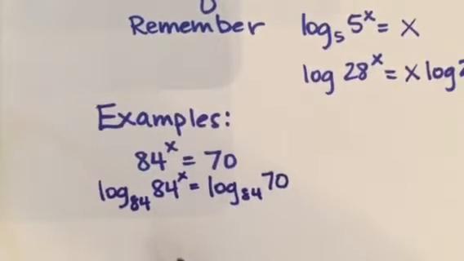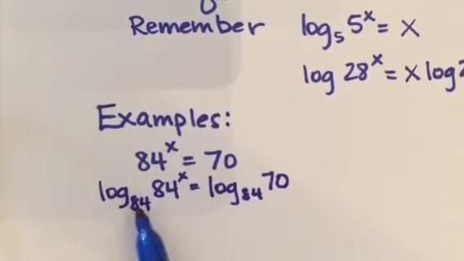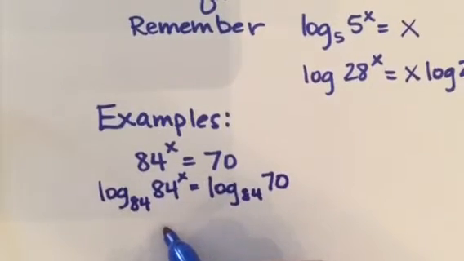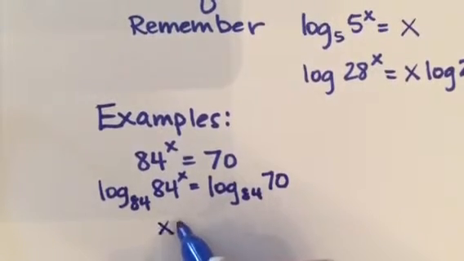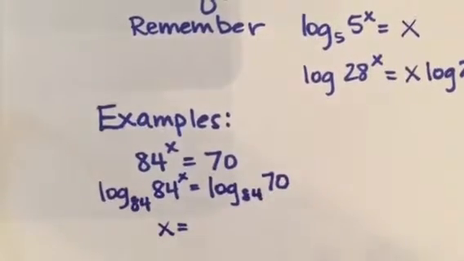And when I do that, I've created this thing that cancels out, leaving me just x, right? Because when the base of the log and the base of the exponent are the same, they cancel each other out. So I get x is equal to log base 84 of 70.